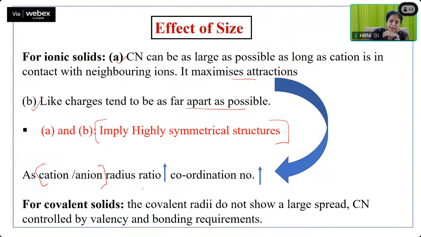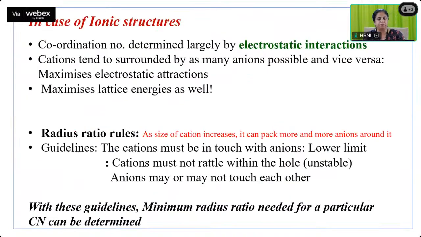So the higher the ratio, the higher the coordination number. In case of covalent solids, covalent radii do not show a large spread because the covalent bond involves overlapping of the electron cloud. So the radii will not really differ a lot, and hence the coordination number is controlled mostly by the valency and the bonding requirement.